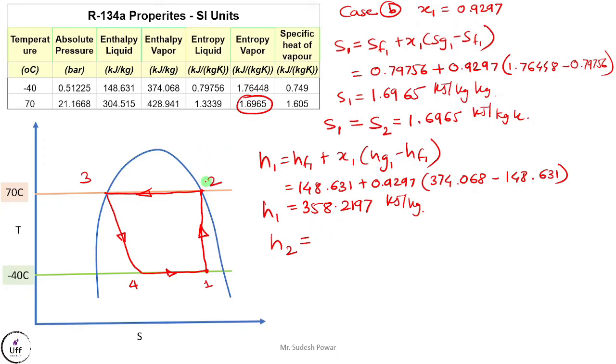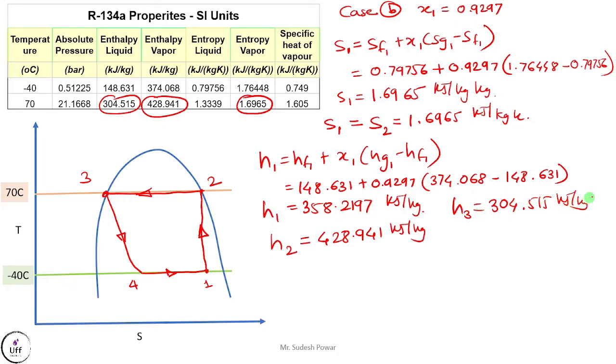So H2 we are directly getting from the table as 428.941 kilojoule per kg. Then point number 3 is also on a saturated liquid line. So that value also we can get. So at 70 degrees centigrade, enthalpy of liquid, that is enthalpy at point number 3, it is 304.515 kilojoule per kg, and that is also equal to enthalpy at point number 4.